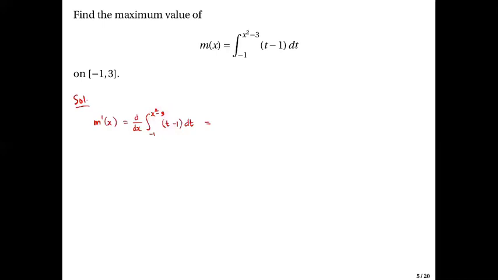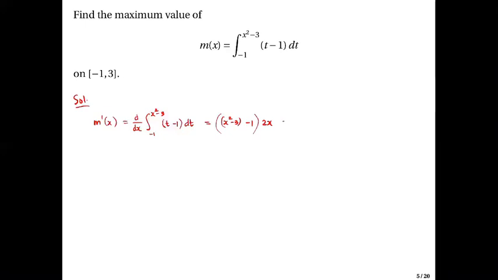So this is x squared minus 3, minus 1, okay? By the chain rule, multiply this by 2x.